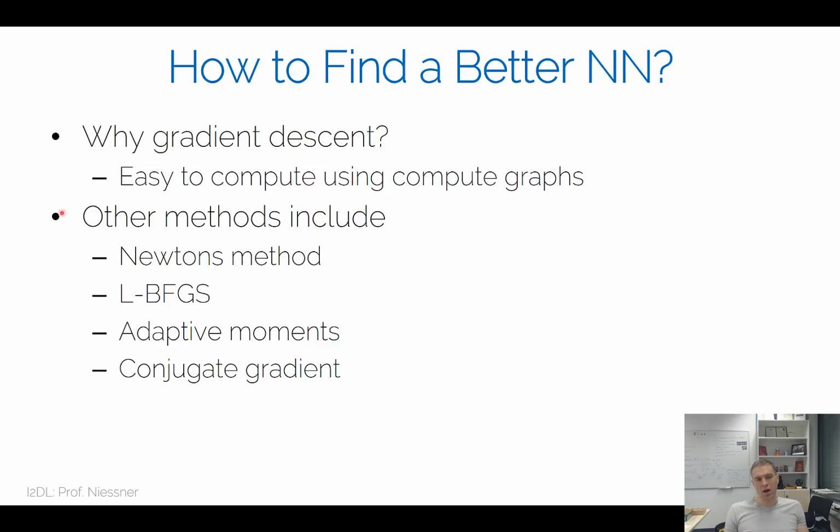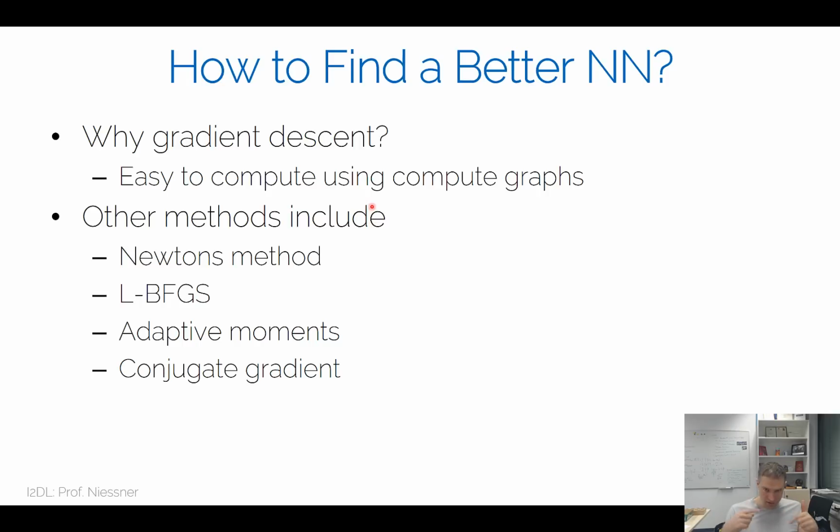In neural network land, all of these methods are somewhat gradient based. For the most part, we're going to use gradient descent though. Certain variations we're going to discuss, and that's what we're going to talk about next. In the next lecture, basically, we're going to talk about these optimizations and how to do gradients.